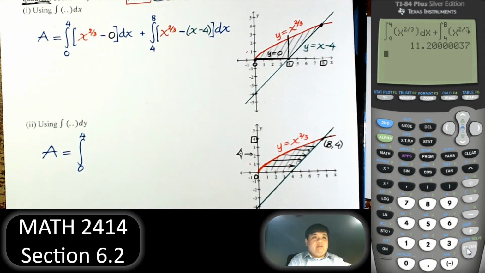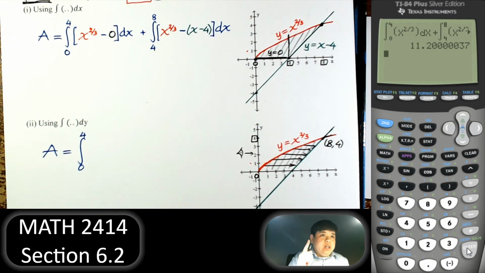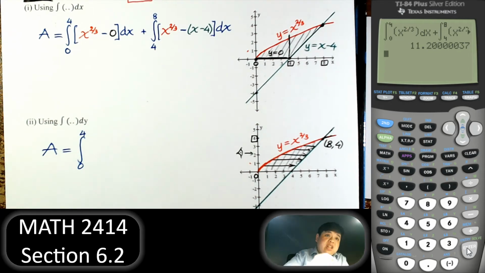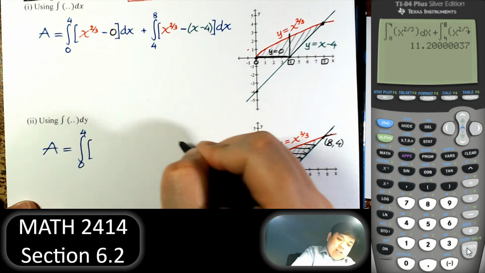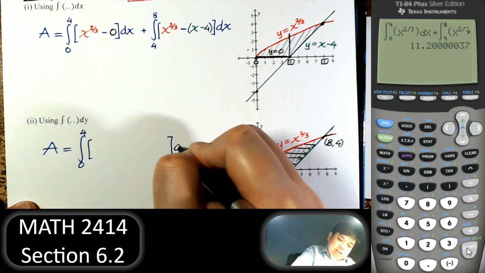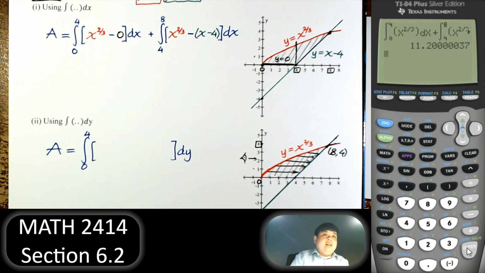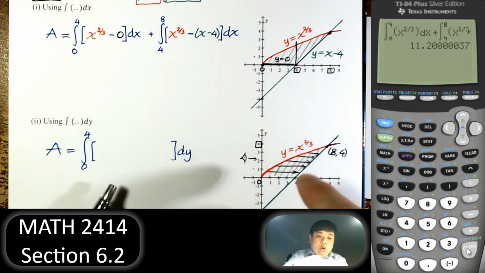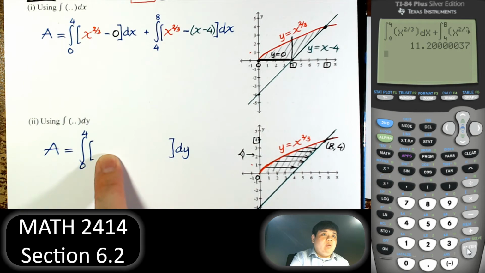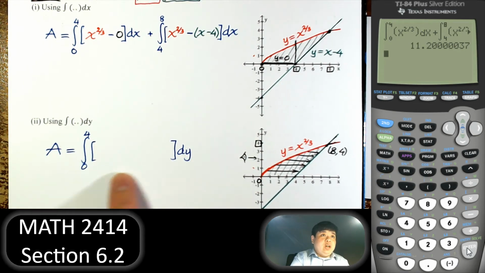One boundary on the left, one boundary on the right. We need one integral. At least that part we're sure. But what do we put in here? Whatever we put in here cannot be x. It can only have y, or a constant is still fine, but it cannot be x. So we're not going to put x to the 2/3 here. That would be wrong. Everything here has to be in terms of y.